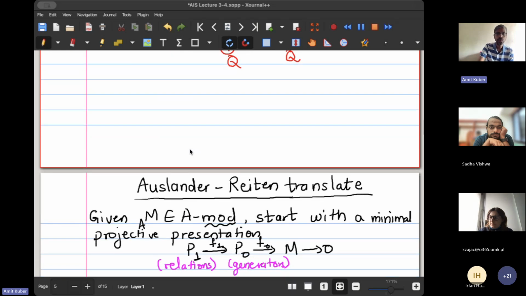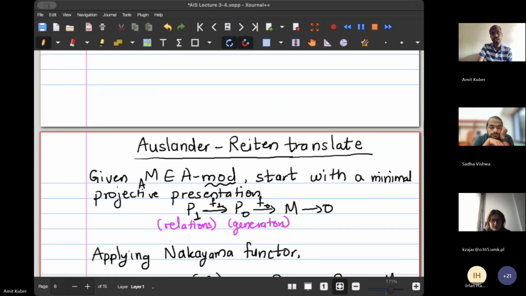Now recall that given any particular module, a minimal projective resolution can have infinitely many terms. However, we have to truncate it. If you have studied a little bit of module theory, then a presentation of a module, we talk about finitely presented modules, so finitely many generators and finitely many relations.